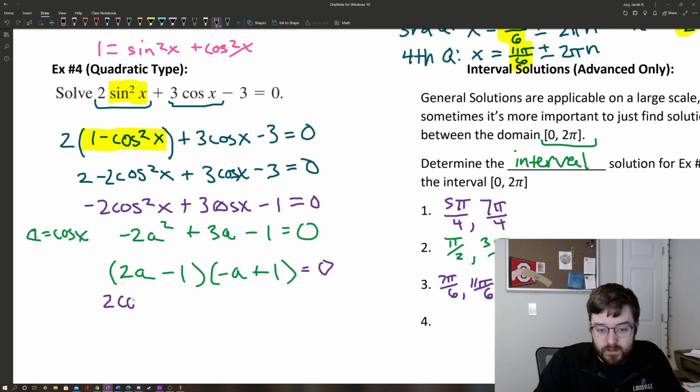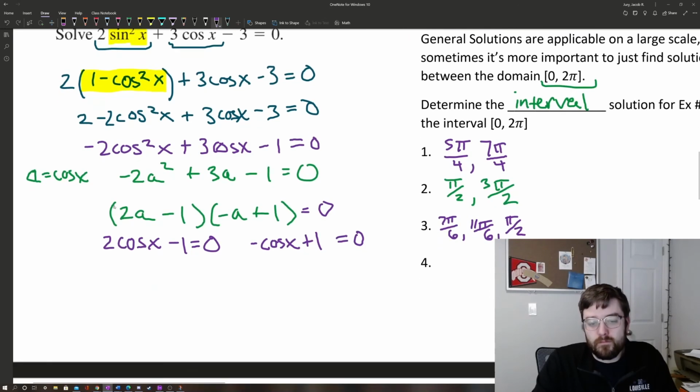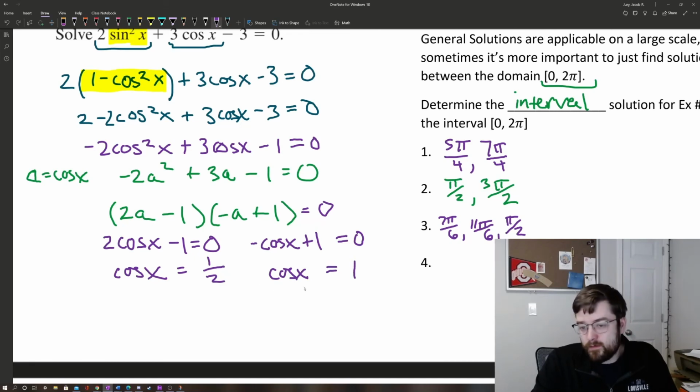So 2 cosine x minus 1 is equal to 0, and negative cosine x plus 1 is equal to 0. So my cosine x over here on the left is going to be equal to 1/2, and my cosine x over here is just going to be 1. I'll subtract 1, divide by negative 1, I get a positive 1. Add 1, divide by 2, that's how I get my 1/2.